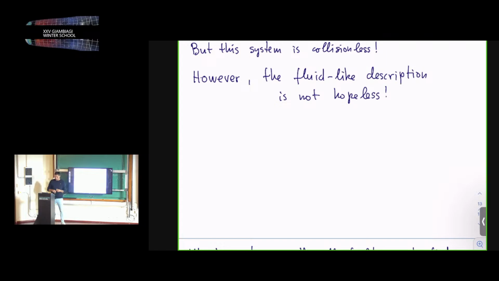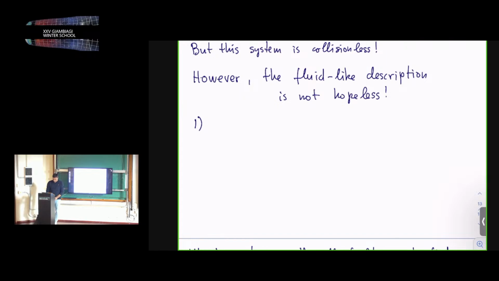Okay? So first of all, even though the dark matter is a collisionless system, which means that formally the mean free path is infinite, the particles can travel as far as they want without interacting with another particle. So despite this being formally true, in our universe, in reality, there is some mean free path.